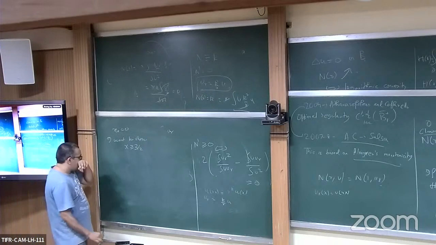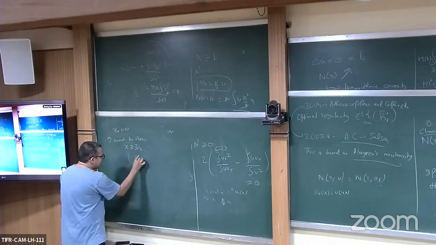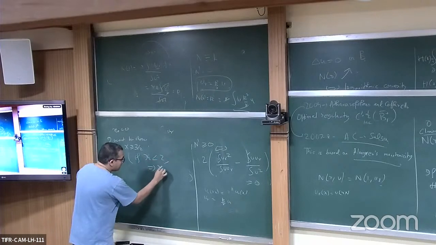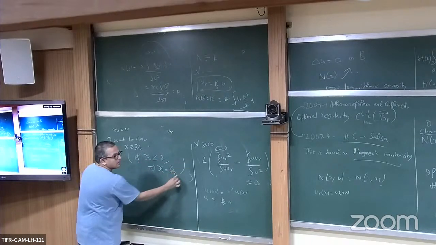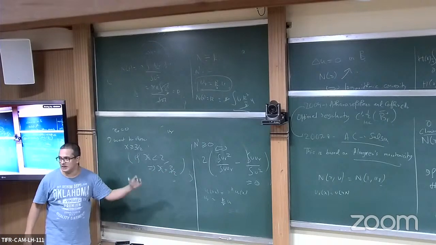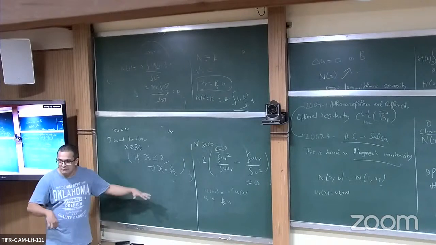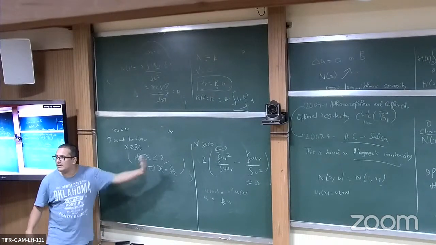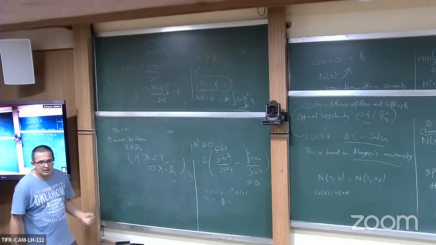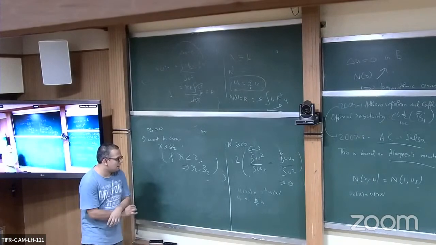In fact, I will show a stronger statement: if kappa is less than 2, it implies kappa has to be 3/2. I will show a much stronger statement than this. That means the points of vanishing order are either the minimal one, 3/2, or bigger than or equal to 2.